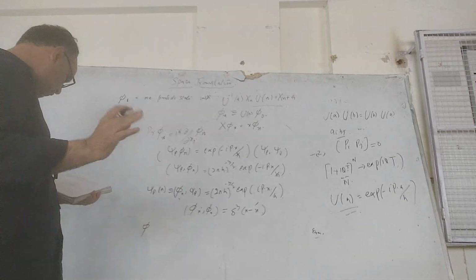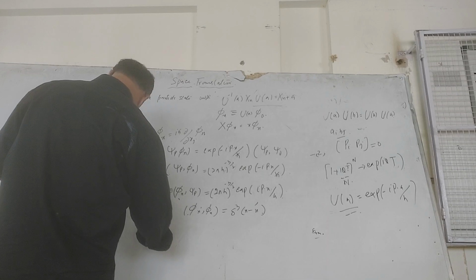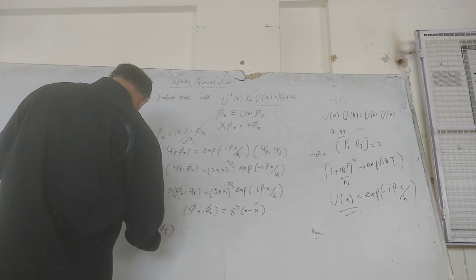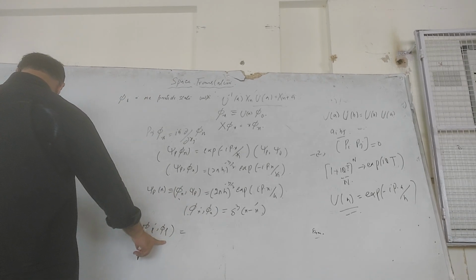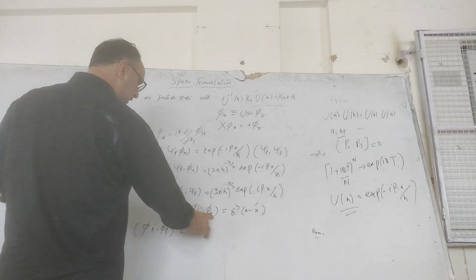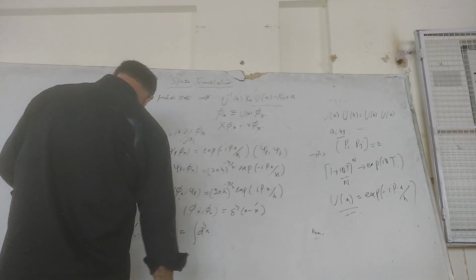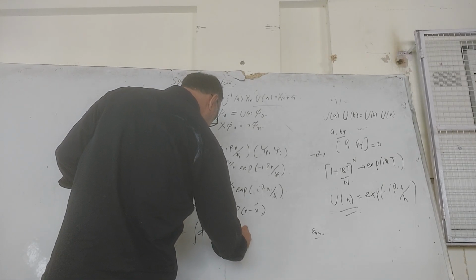So here we are going to use that, that we can write this relation. So if you write this, the inner product of phi p prime with phi p, so here it's x prime with x p. So we can write it as psi p star psi p, so x.